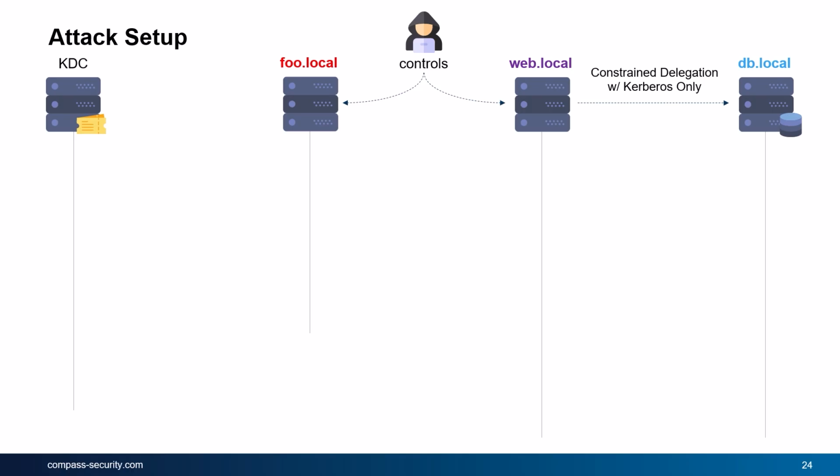So first, we can see we have the KDC, we have services that are under control of the attacker. Specifically, we need two instances, and we have the backend system, db.local. And then there's a delegation relationship between those two. So web.local is configured for constrained delegation with Kerberos only towards db.local.